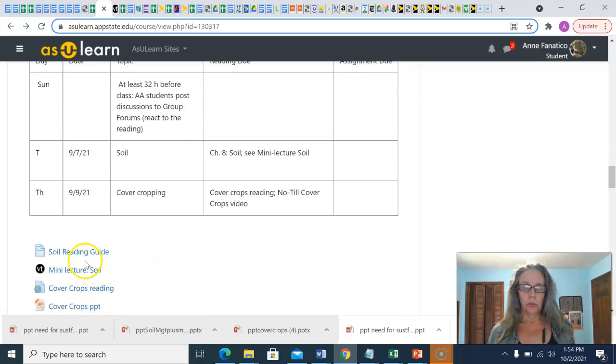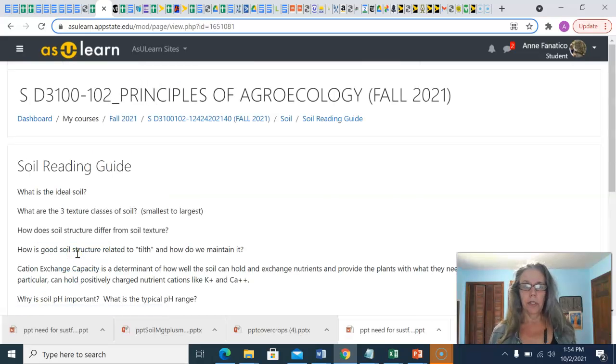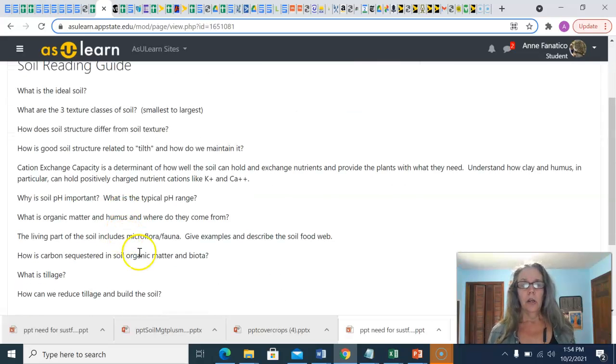And then we move to soil. You can use the soil reading guide to remind you that we talked about the textures of soil. We talked about clay being the smallest texture, and then silt and sand is actually the largest.